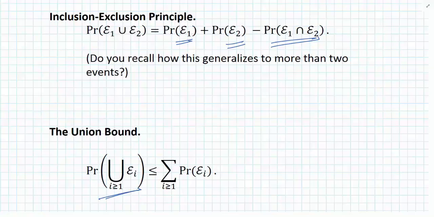All we need on the right-hand side is the summation of the individual probabilities. Because if you sum the individual probabilities, there might be some overcounting, but if we are careful with bounding the individual probabilities, for a lot of applications that's sufficient in order to give us a good upper bound. In other words, a small upper bound.